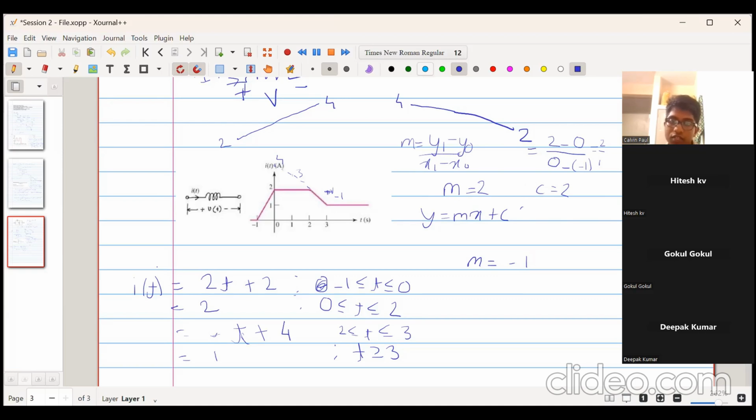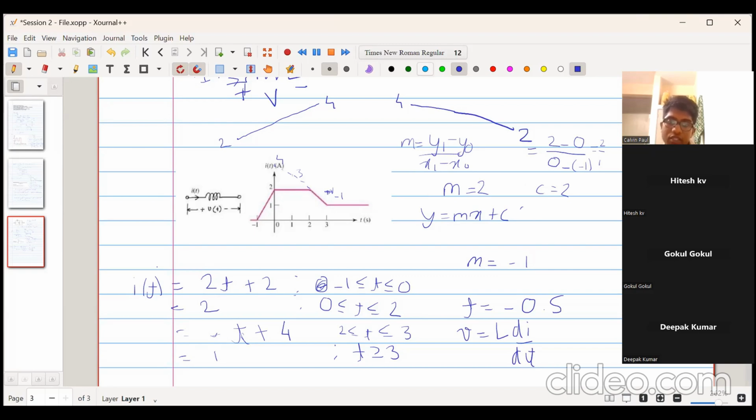So now we need to find the voltage across the inductor at time t equal to minus 500 millisecond. Minus 500 millisecond means minus 0.5 second. We know the voltage across the inductor is V equal to L di by dt. I am considering this part at this instant, so I will differentiate this equation.